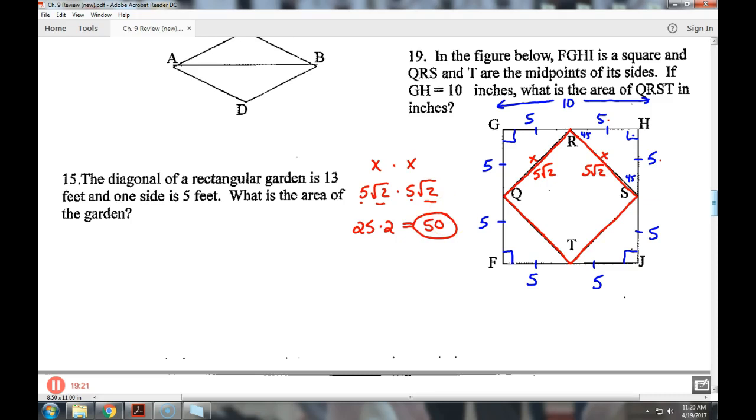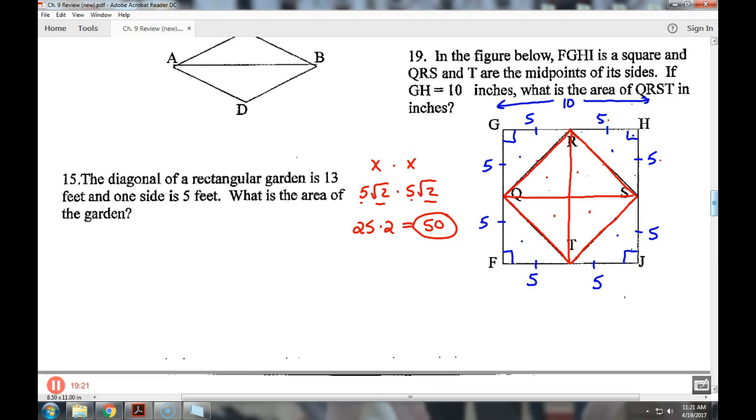I want to show you an easier way, if you don't need to know special right triangles, and it's quite a bit easier. So once you have your 5 stuff, think about it this way. Connect these lines, and look what I have. I now have 4 red triangles, and I now have 4 blue triangles.